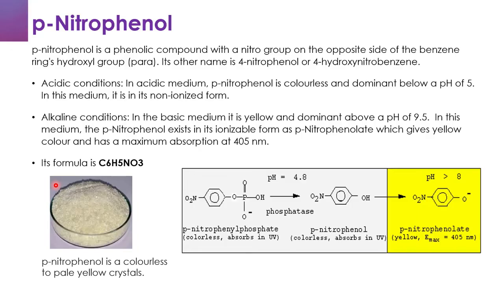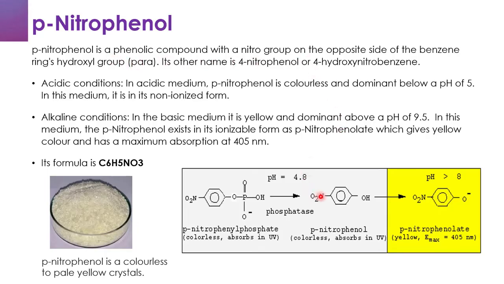The next is p-nitrophenol. First of all, what I want us to note is that p-nitrophenol is colorless to pale yellow crystals. So this is how it looks. p-nitrophenol is a phenolic compound with a nitro group.